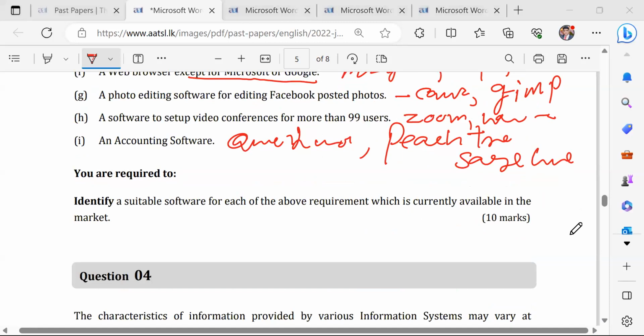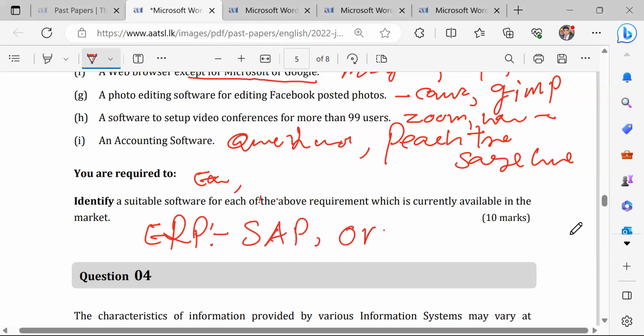SAP, don't indicate SAP as software, right? SAP is an ERP. If you are asked for examples of ERP systems, for such questions you can answer: Oracle E-Business Suite, write the full name.